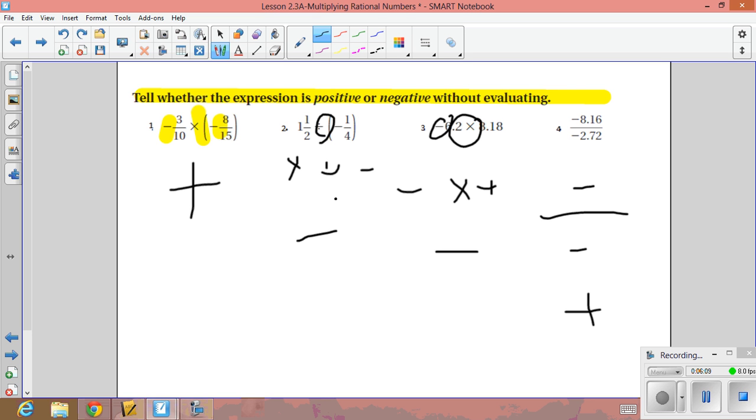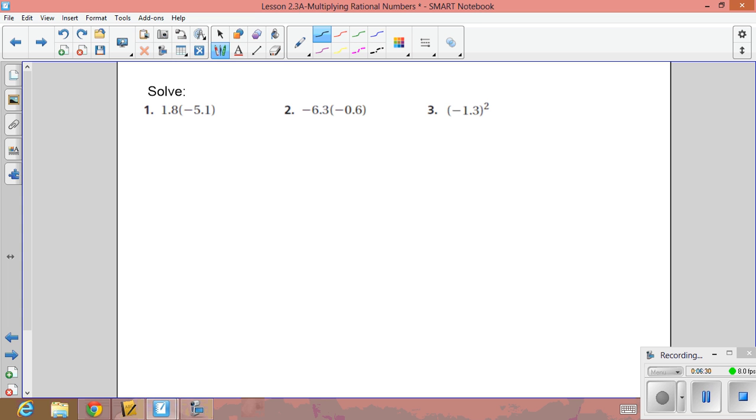Do you see a relationship between multiplying and dividing rational numbers compared to multiplying and dividing integers? And hopefully you are able to see that the rules for multiplying and dividing integers are exactly the same as multiplying and dividing fractions and decimals. Okay, for these 3, what I'd like for you to do is give these 3 a try all on your own. Pause the video and I'll share the solutions with you when you're done.